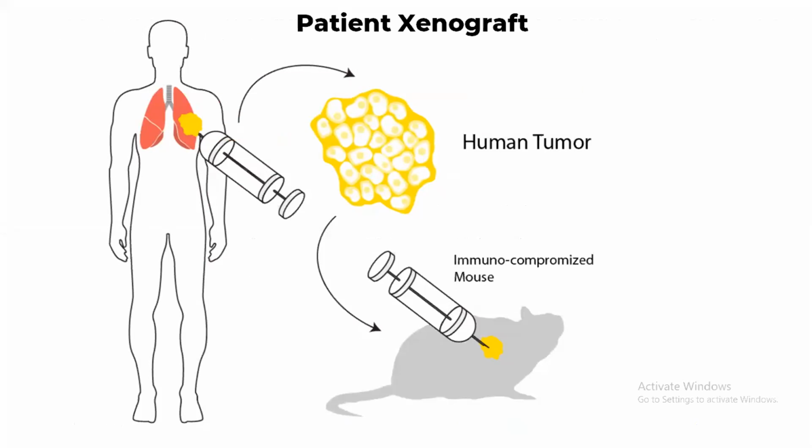In our program, we will try to perform various NGS analyses using the dataset from the patient-derived xenograft, that is PDX project. So let's understand what PDX or patient xenografts are. PDX models are generated when a fresh tumor obtained directly from the patient is implanted into mice, subcutaneously or orthotopically, into immune deficient mice.